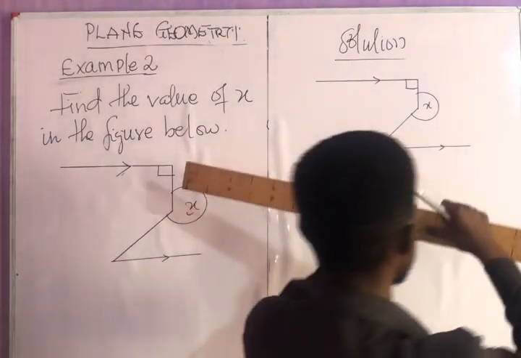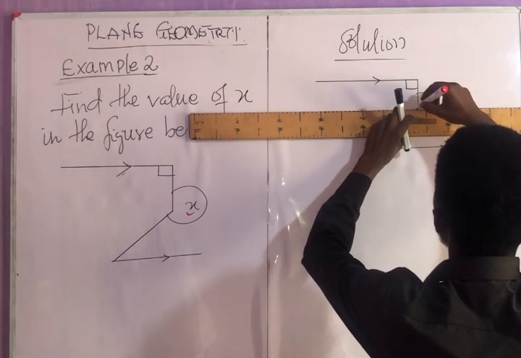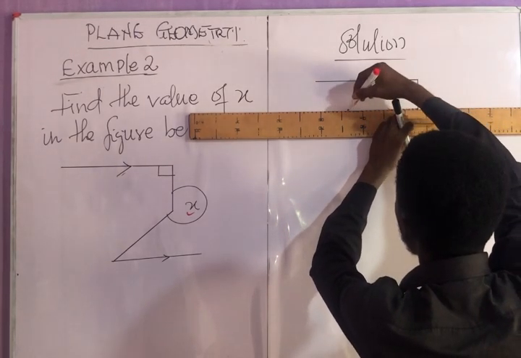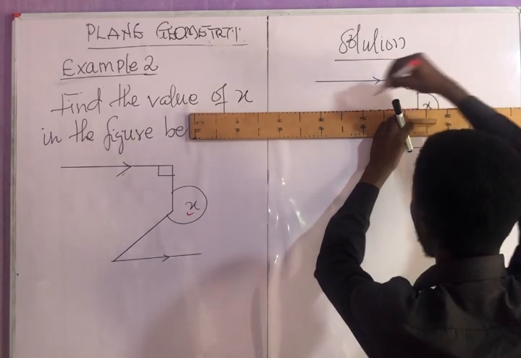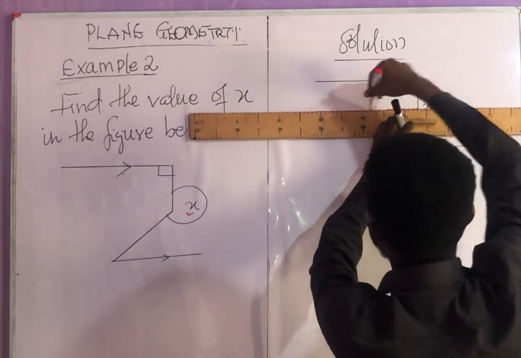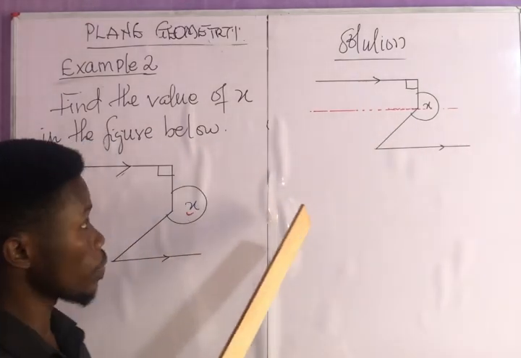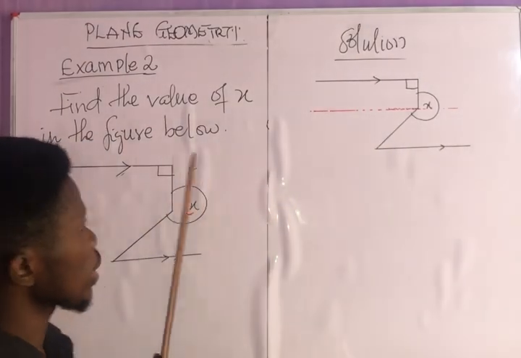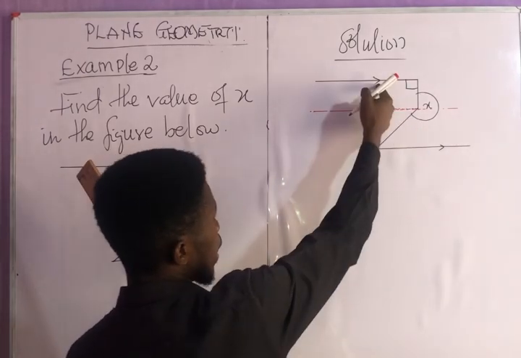So let me add it. So this is the line I'm talking about, and looking at this line, it's also parallel to this and that.